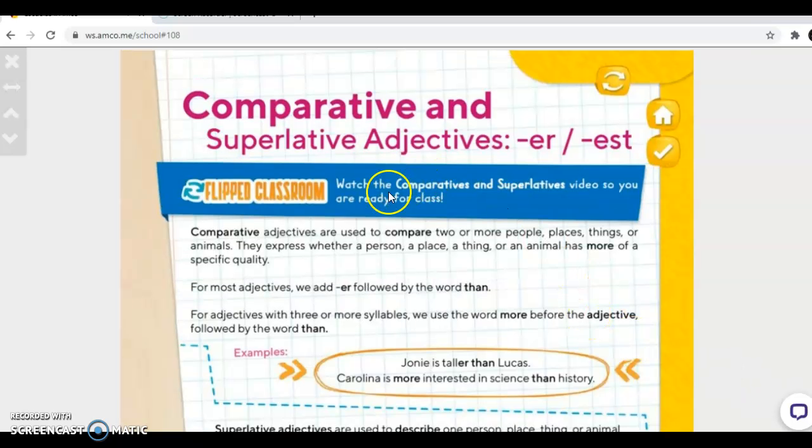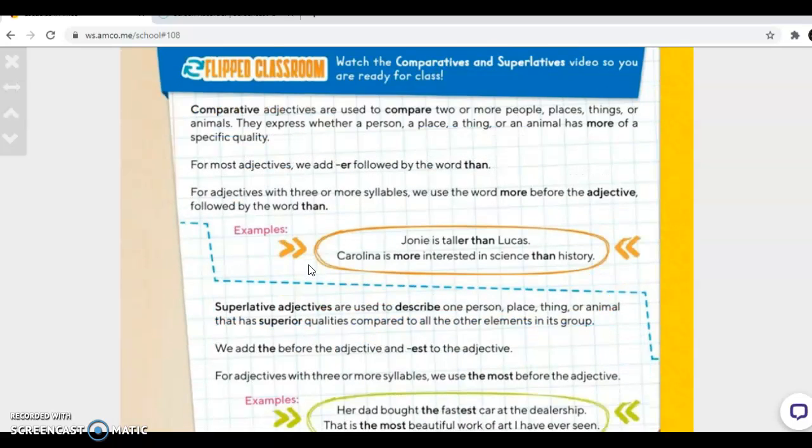Okay, excellent. We are going to review, okay? The comparative adjectives are used to compare two or more people, places, things, or animals. They express whether a person, a place, a thing, or an animal has more of a specific quality.